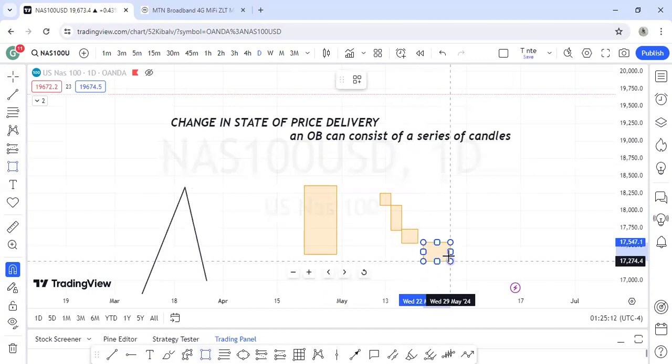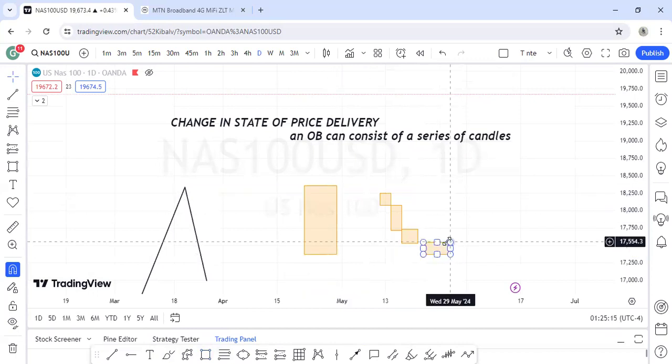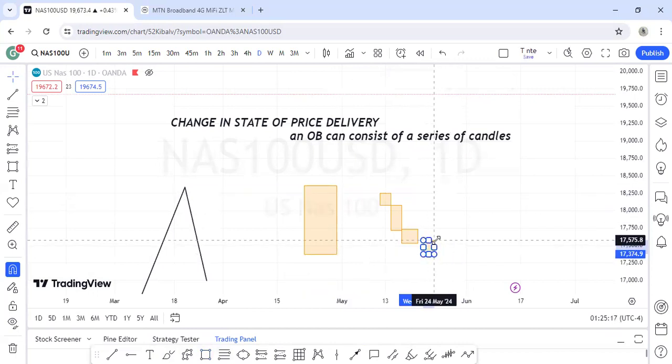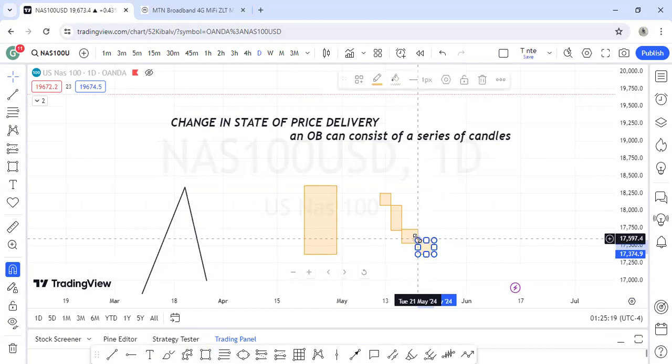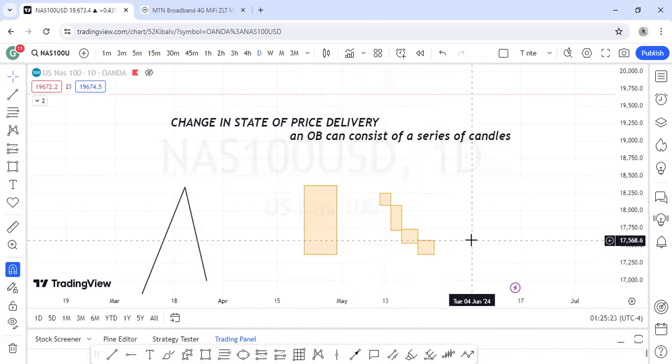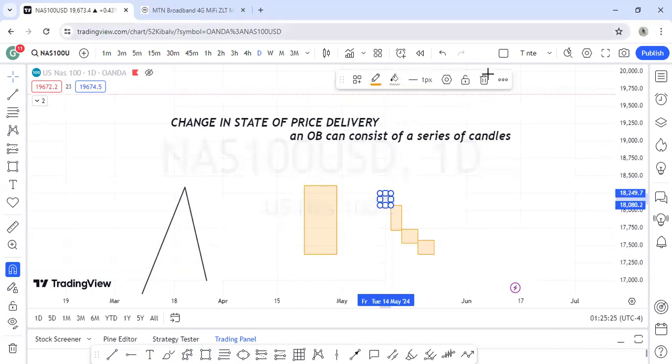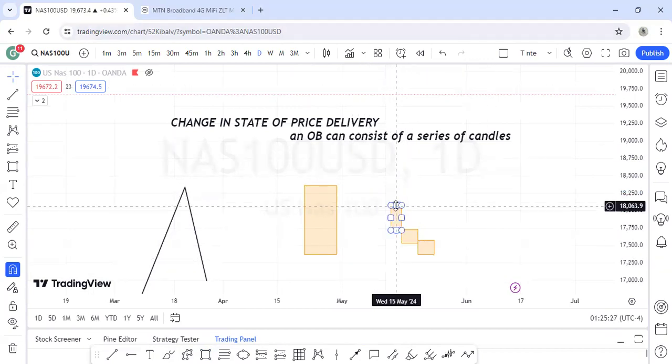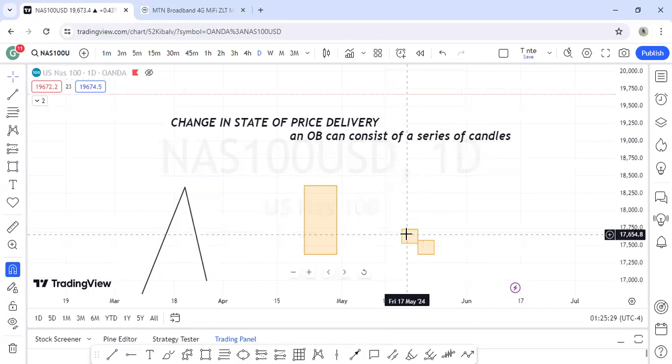Now, would you say that because this is the 15-minute chart, the order block has automatically moved from being this whole candle to the last one? No. So order blocks are not necessarily the last up or down candle. It can consist of a series of candles.